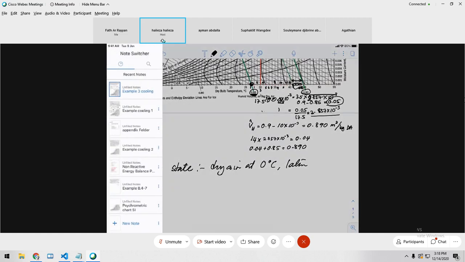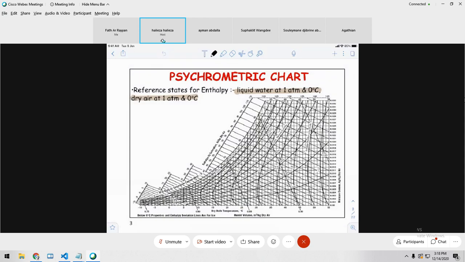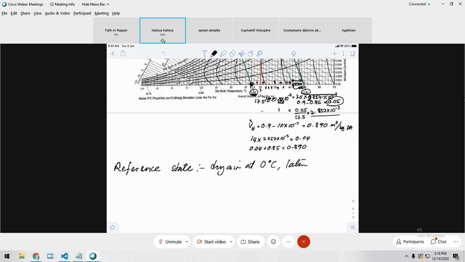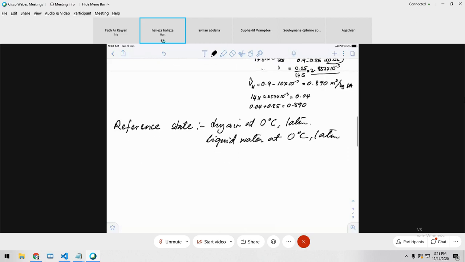Let's go back to the notes. Okay. Liquid water, dry air at 1 atm, 0 degrees C. Liquid water at 1 atm, 0 degrees C. So now it's confirmed. That is the reference state. So you have liquid water at 0 degrees C, 1 atm. That's your reference state.